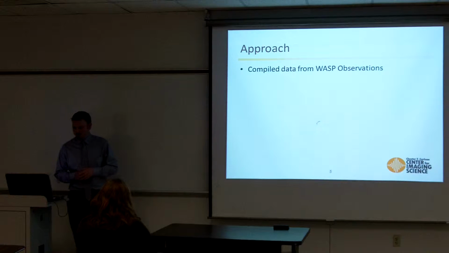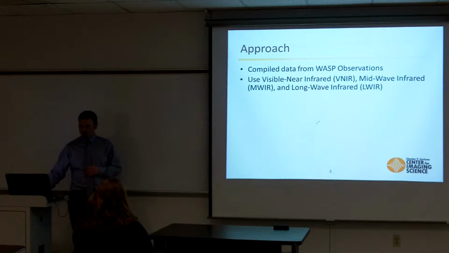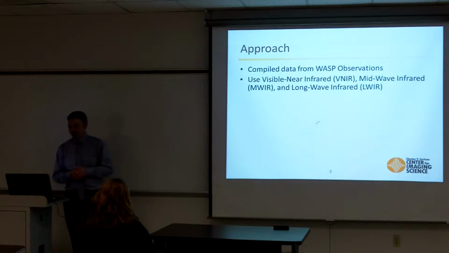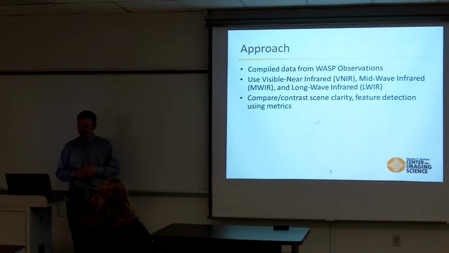So my approach was to compile data from the WASP observations, which I'll explain a little bit. I used the visible near infrared, mid-wave infrared, and long-wave infrared data from the WASP observations. And then I deduced that data and compared and contrasted for seeing clarity, feature detection, and using the aforementioned metrics to decide what would be best for my purpose.